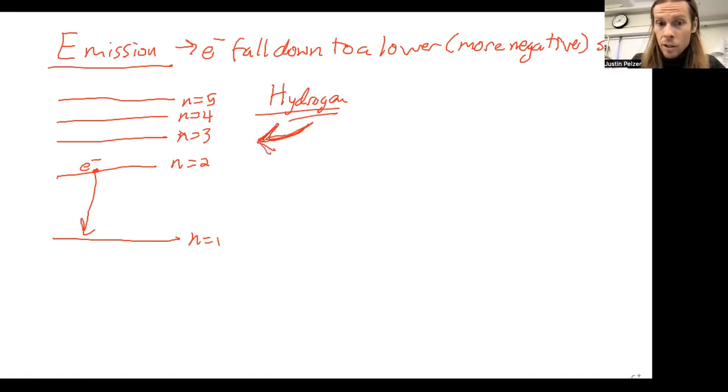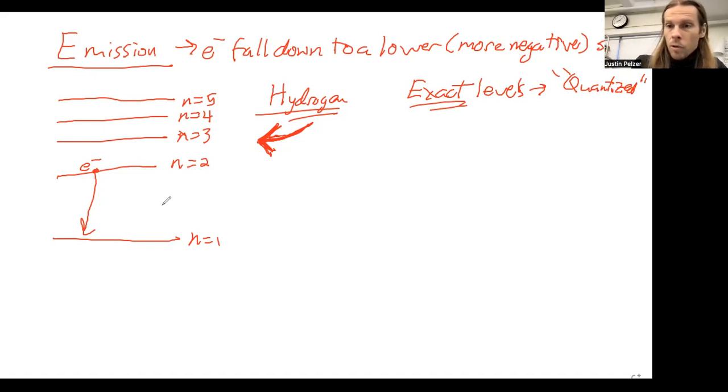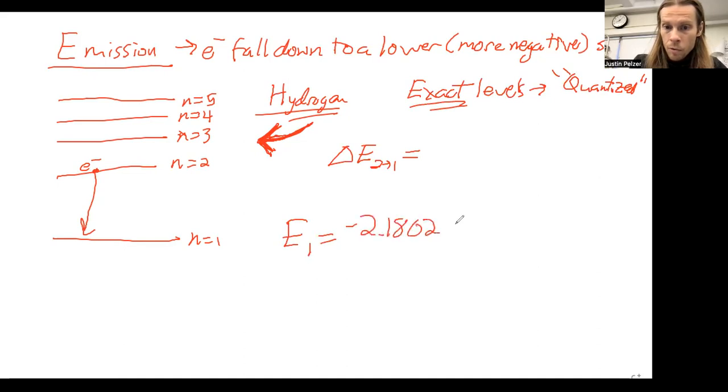Each of them has different energies, but they're quantized, meaning the energies are exact. Exact levels, or quantized. So the n equals 2 to n equals 1 corresponds to a delta energy 2 to 1 of the ground state, right? So the ground state E1 is negative 2.1802 times 10 to the negative 19 joules.